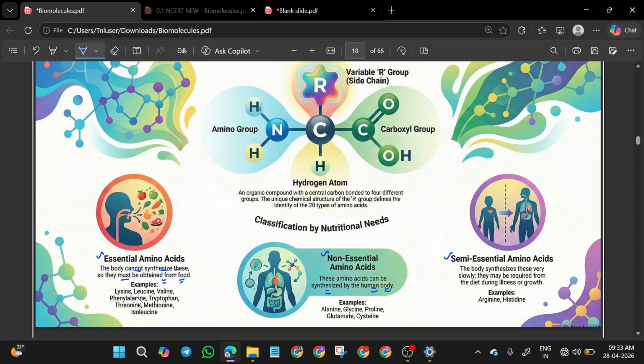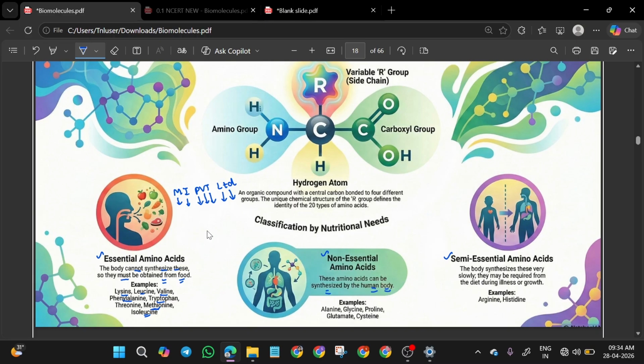From the chemistry point of view, you will be remembering all this. That is MI, PVT Limited, like that we can remember. That is Mumbai Indians Private Limited. So M represents methionine, I represents isoleucine, P represents phenylalanine, V represents valine, T represents tryptophan, L represents lysine and leucine, both we can include.